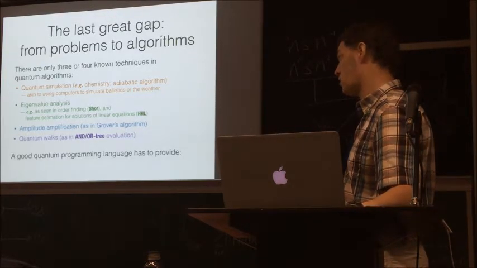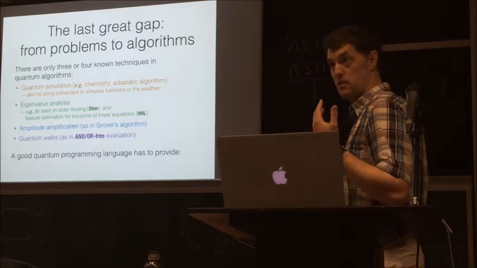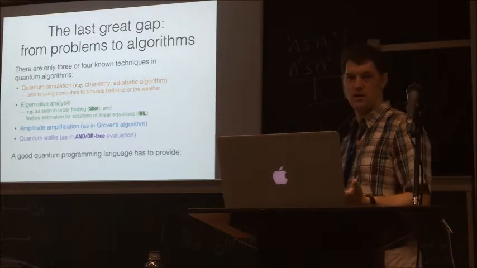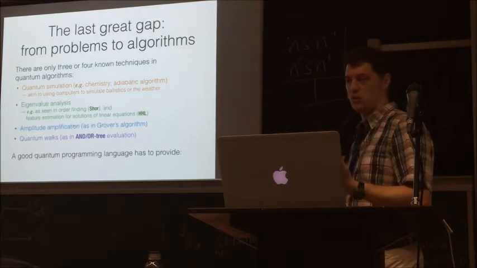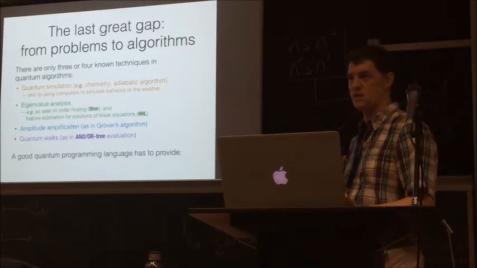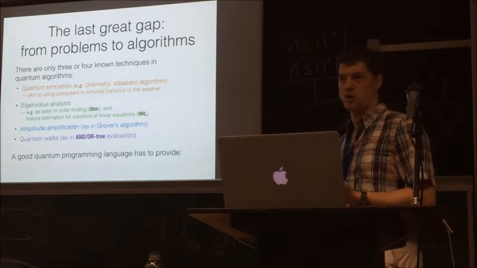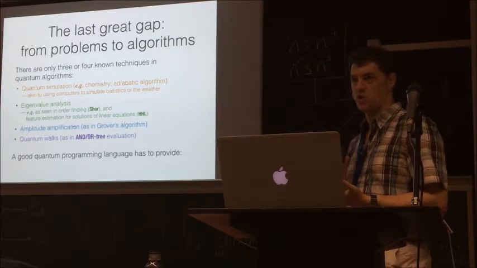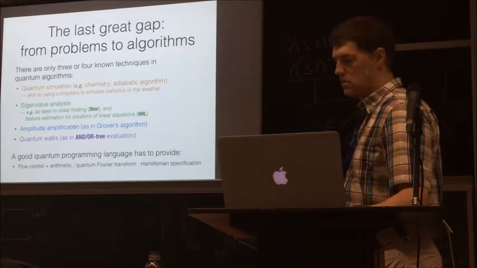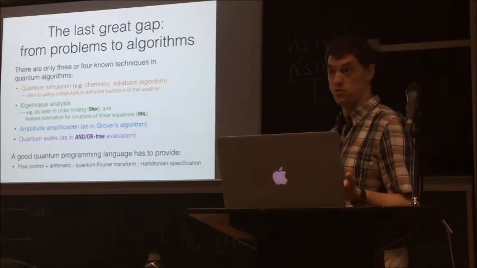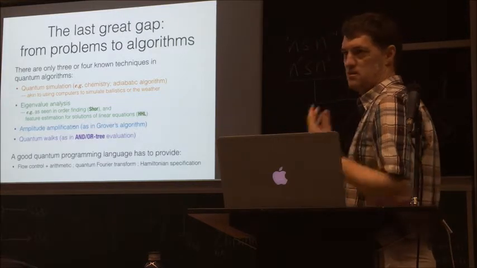A good quantum programming language gets out of the way of the algorithm designer. The algorithm designer will have an idea that they want to realize, and the programming language has to make it not only possible, but easy, to get rid of bureaucracy. So you're going to need flow control, as usual, like subroutines, recursion, for loops, arithmetic.